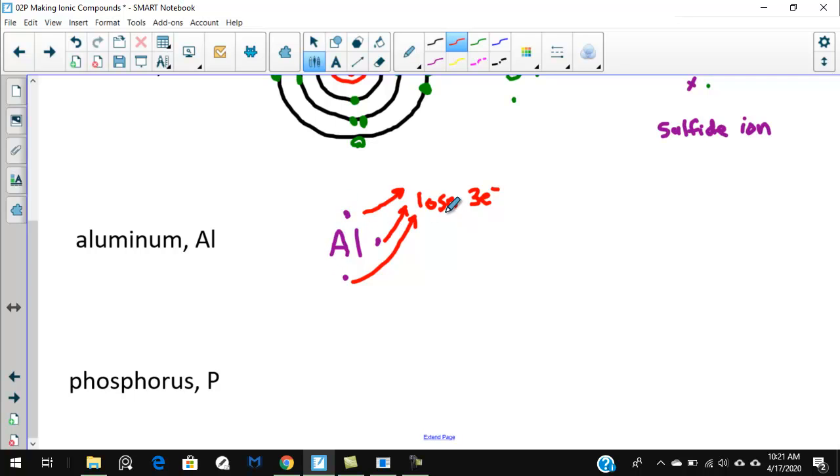So it's easier to lose 3 than to gain 5. And when you lose the electrons, the atom turns into an ion. And because we lost electrons, that ion becomes positive. And because we lost 3 of these electrons, it becomes 3 positive. Right? And so that is now the aluminum ion.